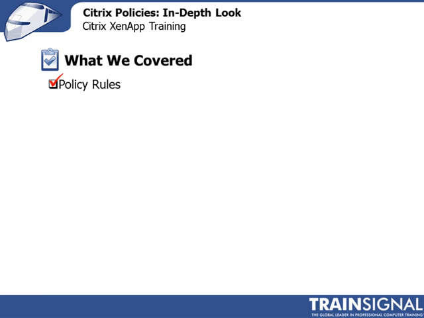We talked about the different computer settings that are available for computer policies, and then we also went through different rules and settings that are available from a user perspective. So your XenApp servers and your sessions that are incoming into the XenApp servers, and how you can configure and improve the performance of your sessions and your overall user experience by tweaking some of these settings.